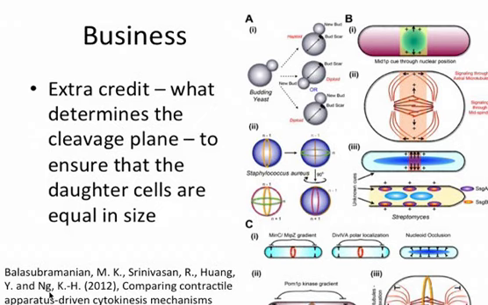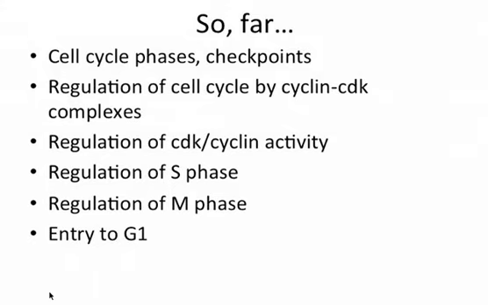Okay, so far we've been talking about the cell cycle. We started talking about the different phases and the checkpoints. And then we started talking about regulation by cyclin-CDK complexes and the regulation of those cyclin-CDK complexes in terms of different phosphorylations and CKIs. And we spoke about the regulation of S phase in terms of presence or absence of inhibitors, presence or absence of activation of APC or activation of S-CDK.